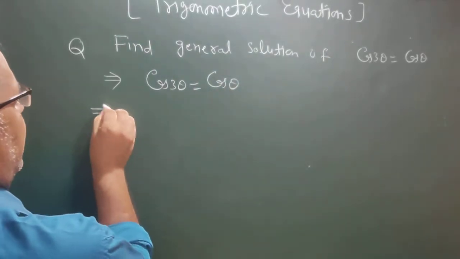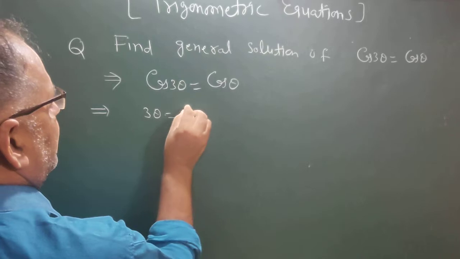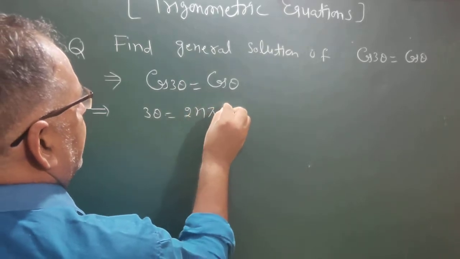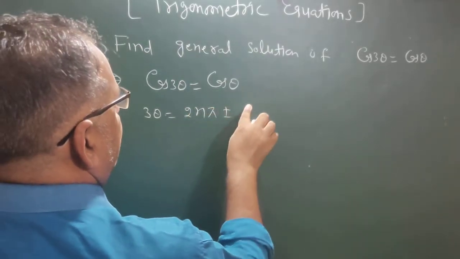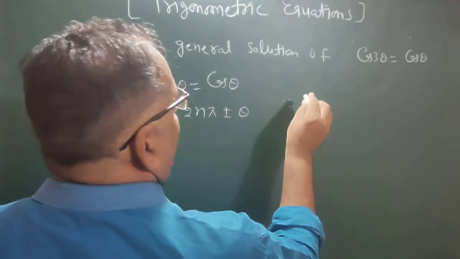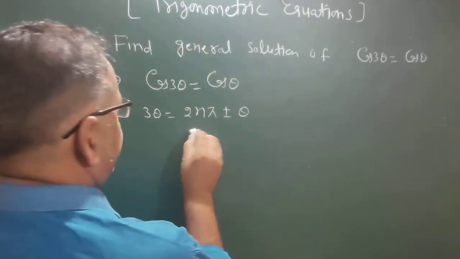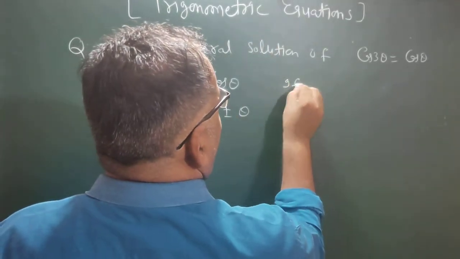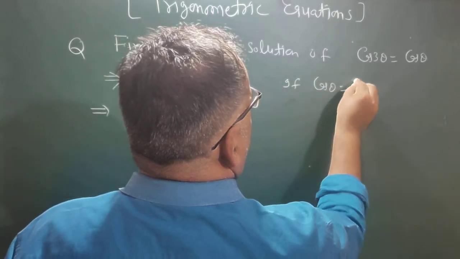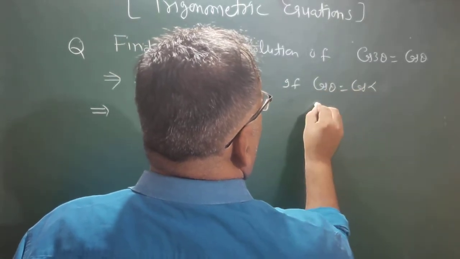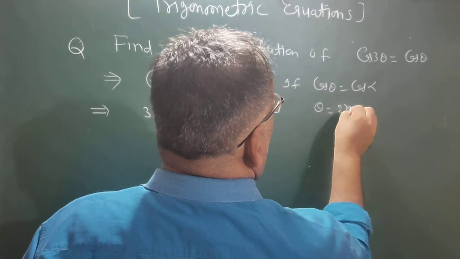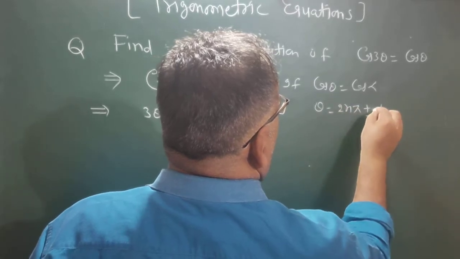Now the general solution is 3 theta equal to 2 n pi plus minus theta, because if cos theta equal to cos alpha, then the general solution is theta equal to 2 n pi plus minus alpha.